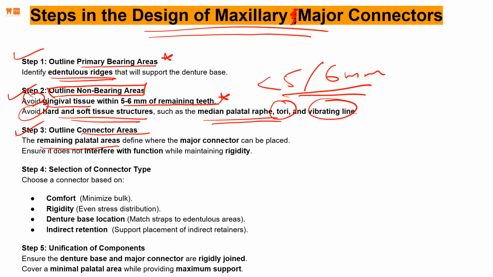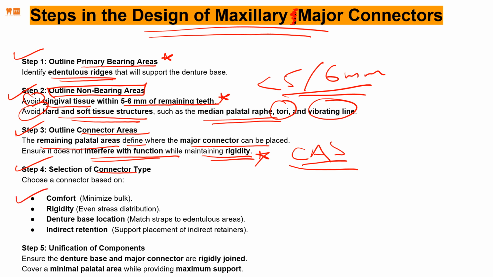Number 3, outline connector areas. Remaining palatal areas we must define with a major connector. Ensure it does not interfere with function, maintains rigidity. Rigidity is important because it's cross-arch stabilization. Step 4, select the actual connector on the basis of comfort, rigidity, denture base locations, and indirect retention that is needed.